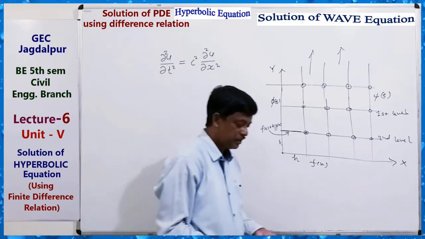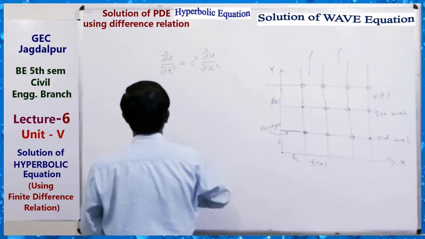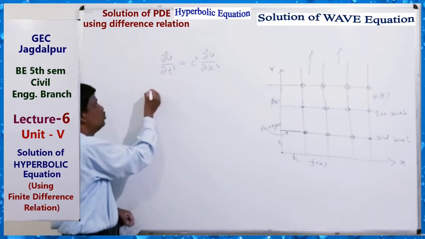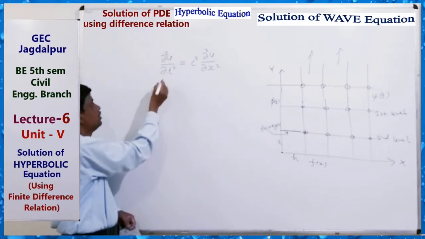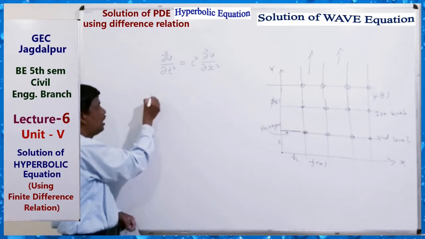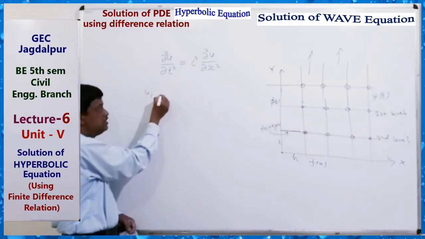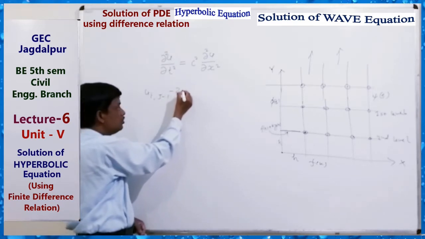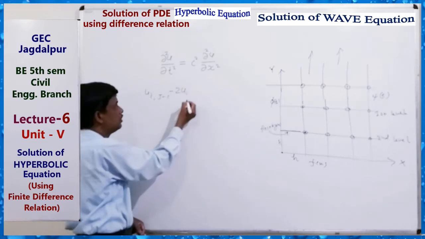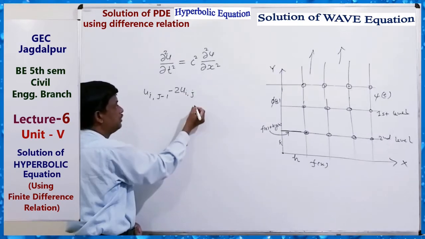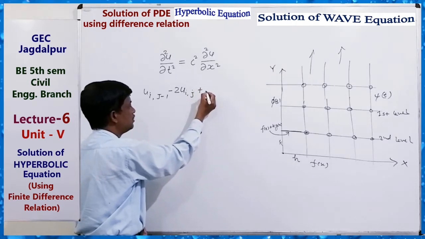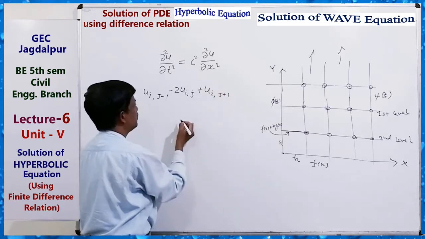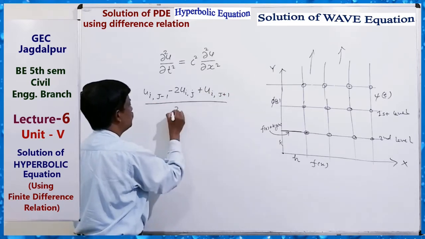So here, just getting the formula, just replace its finite approximation, just like u with respect to t. So here j will change: u(i, j minus 1) minus 2 u(i, j) plus u(i, j plus 1) upon k square.